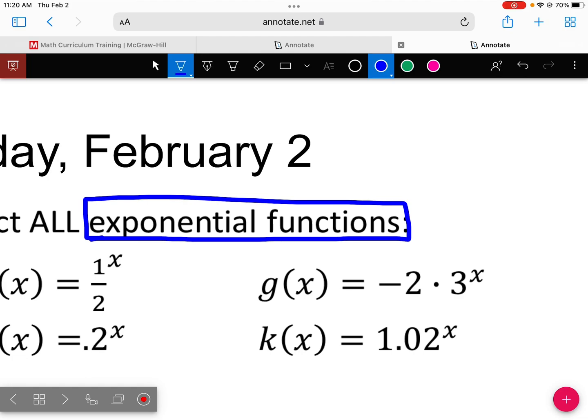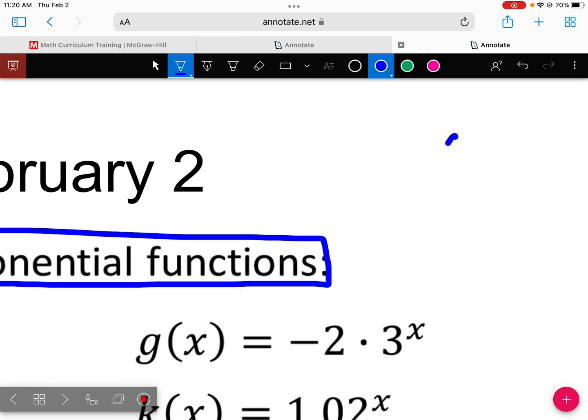How do we know if something is an exponential function? They asked us to select all the exponential functions, but I got to know what I'm looking for. An exponent. What about the exponent has to be true? Question. Is that an exponential function?